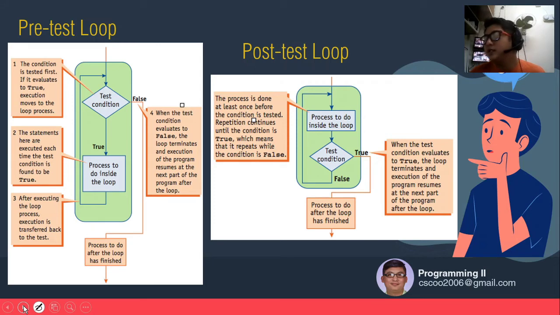While the post-test, you execute first the body of the loop before asking the question or the condition. That's the difference. Which means, in the post-test loop, you always execute at least once. Okay? So, that's the difference.